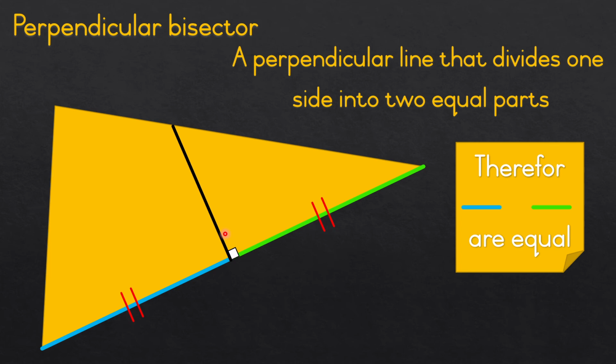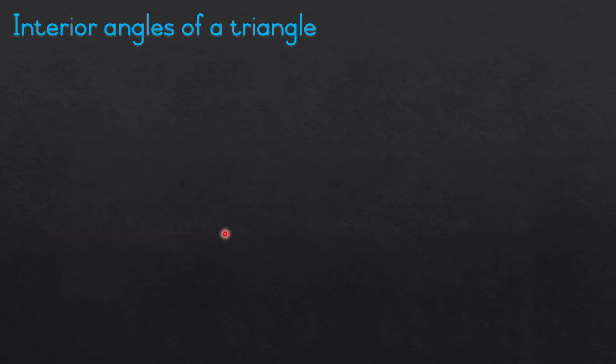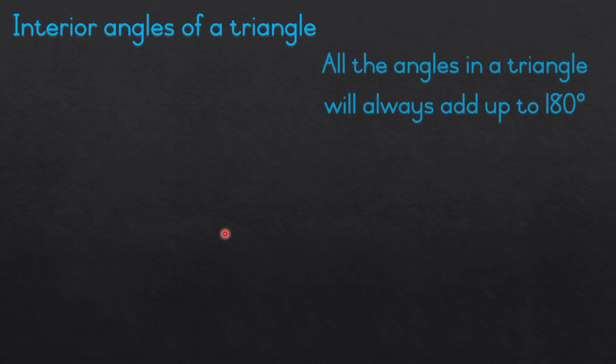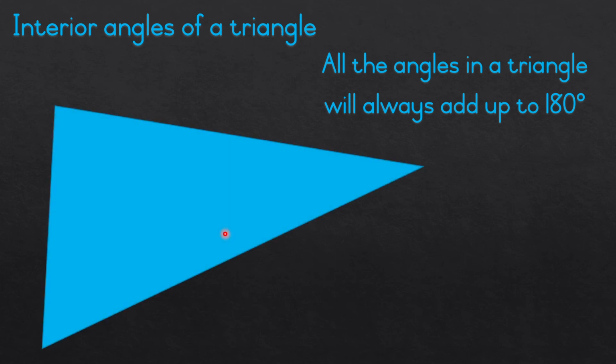The next one we look at is interior angles of a triangle. This one's quite nice. You use it often throughout your high school career if you take maths core, and it will probably also feature in your matric final. All the angles in a triangle will always add up to 180 degrees. So there we've got our triangle.